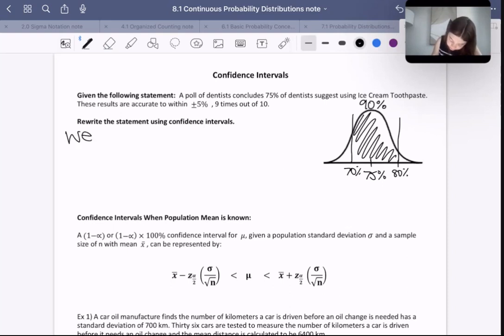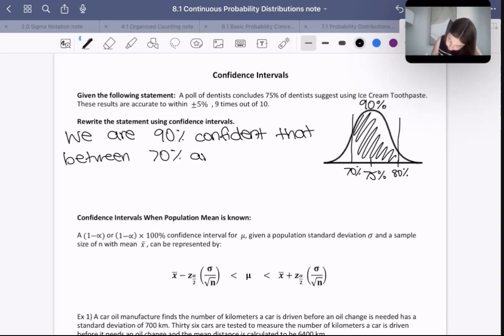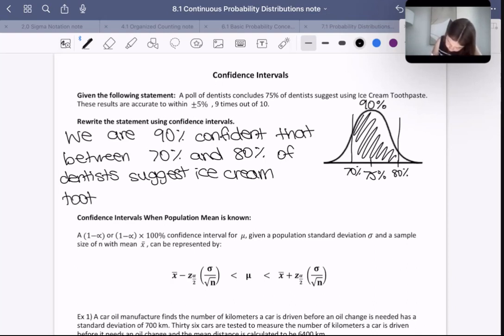We are 90% confident that between 70% and 80% of dentists suggest ice cream toothpaste, right? Because that's essentially what this is saying using our confidence intervals.